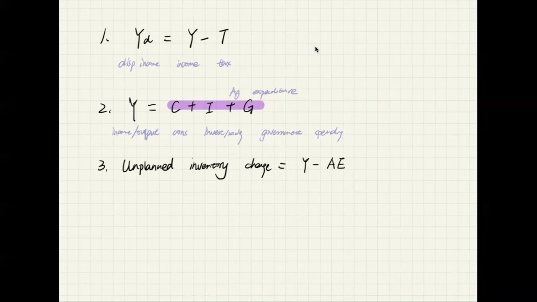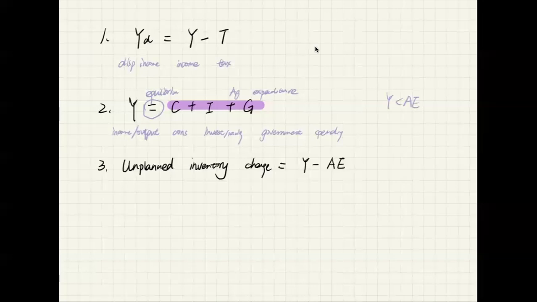At the equilibrium, this equation holds. But how about if it's not equilibrium, like Y larger than AE or Y smaller than AE, aggregate expenditure? When Y is smaller than aggregate expenditure, it means your income is less than your total expenditure, right? So you need to borrow money to support your life. So only at the equilibrium does the equation hold.